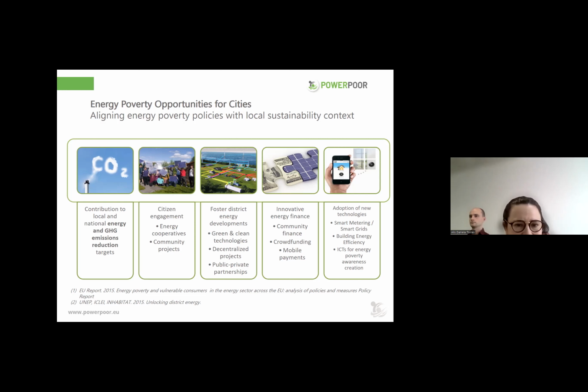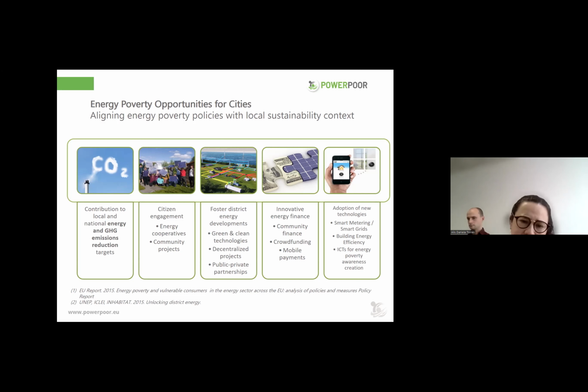They can also foster and identify new sustainable energy alternatives that could help reduce the costs of energy. Of course, finding new innovative energy finance alternatives like crowdfunding, like we heard a couple of minutes ago. And it can also foster the adoption of new technologies on a city level, like smart metering processes or new apps that could help citizens understand their energy consumption, etc.